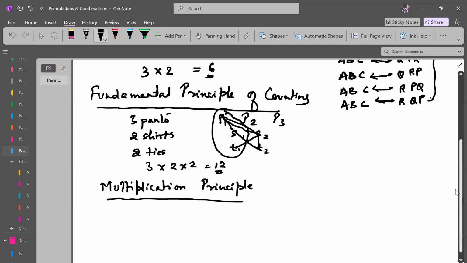Done? Okay. Now, for the second example which I took, the same theory works. I took three objects or three events. So let us write, in case of three events, the same statement, slightly enhanced.